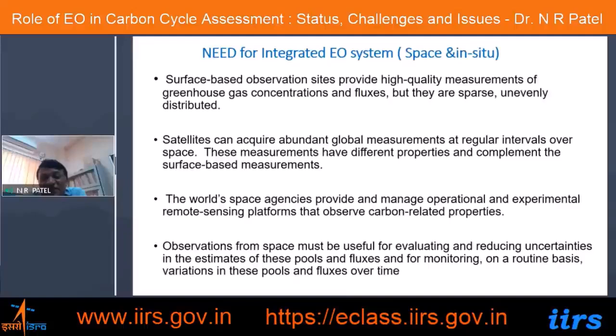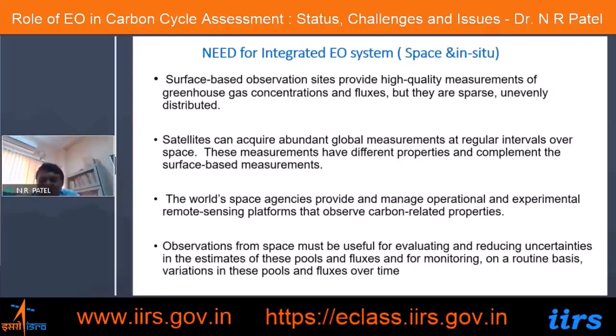These unique characteristics of Earth observation satellites help to derive different kinds of carbon-related properties. Different agencies, whether NASA, the European Space Agency, or the Indian Space Research Organisation, are all developing satellites which have tremendous potential to provide information on carbon-related properties through remote sensing platforms.